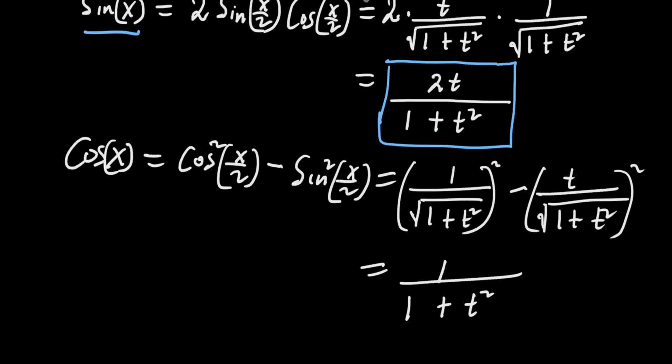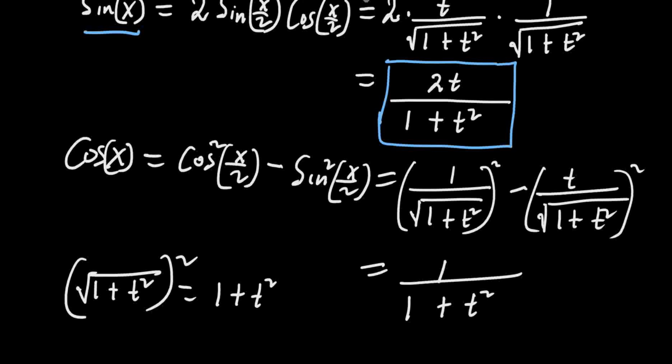What that means is that if you have root 1 plus t squared squared, this would give you 1 plus t squared, and that is how we got this.